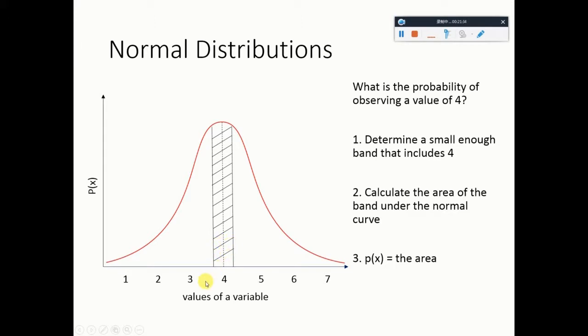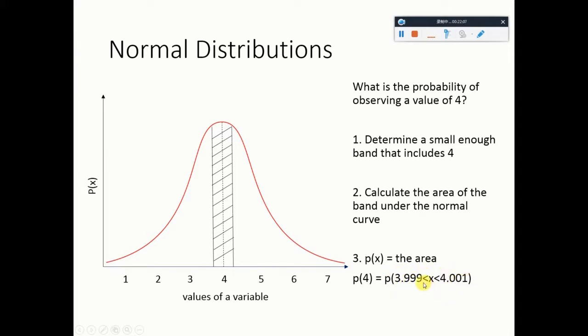This is a little counterintuitive, but for now, let's remember this conclusion. So to go back to our example, under this distribution or any continuous distribution, the probability of observing 4 is made to equal the probability of finding any value within this very, very small range.